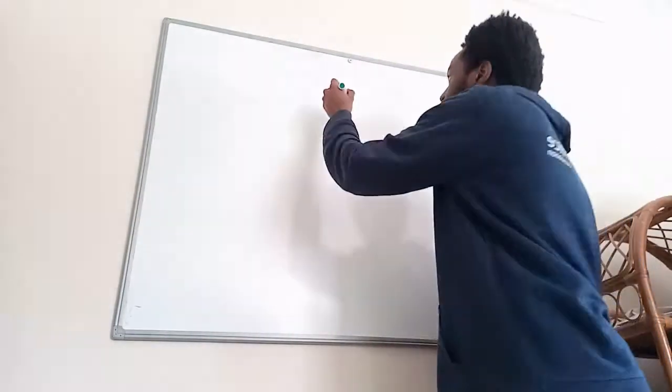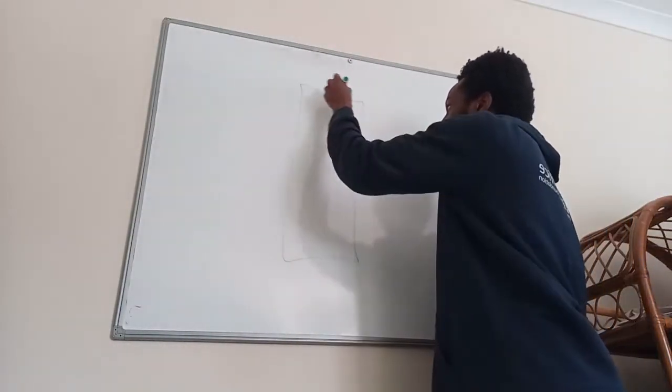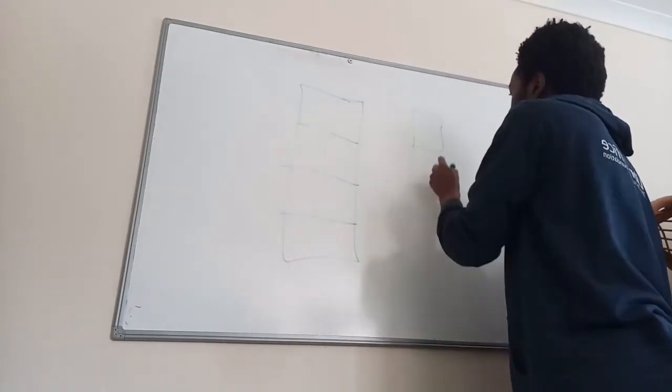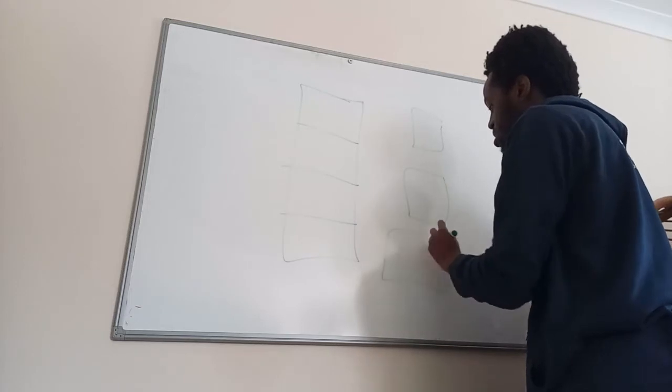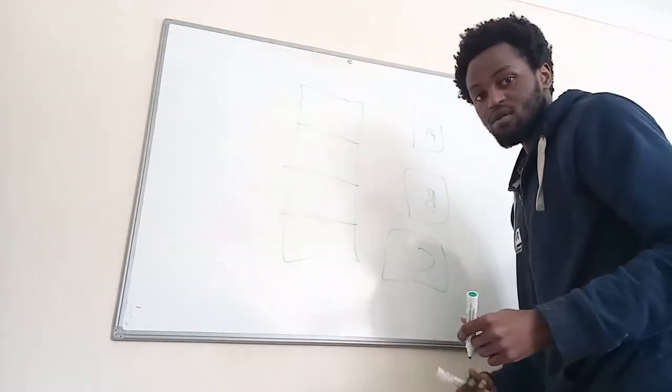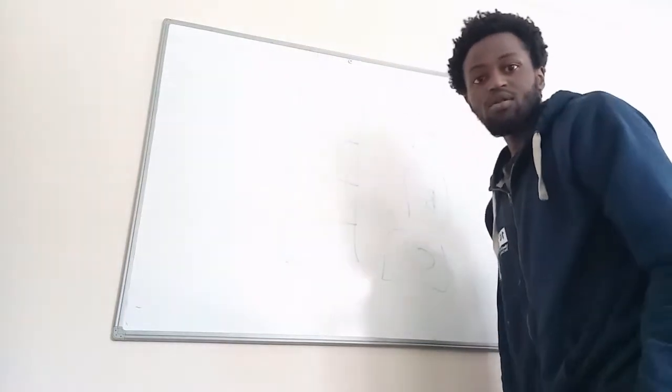So if we have one big block of RAM here, and we have process A, process B, and process C, and then I don't know if that's visible or not.